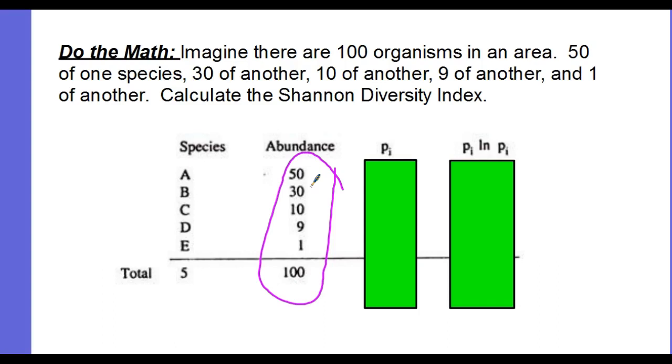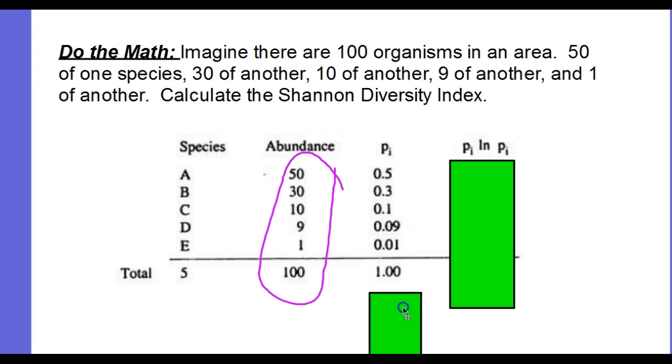So we need to find the proportion, right? So 50 out of 100 would be 0.5. 30 out of 100, 0.3, so on. Now, get out your calculator.